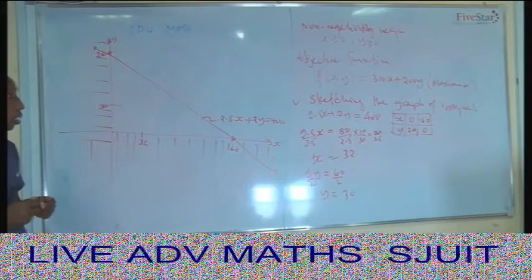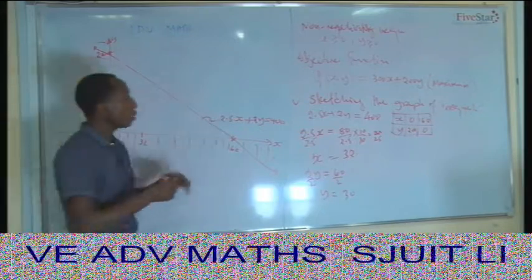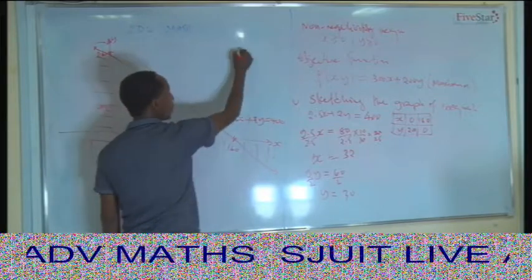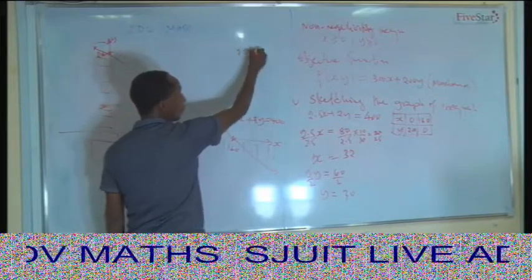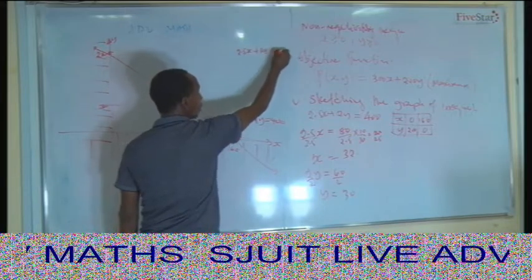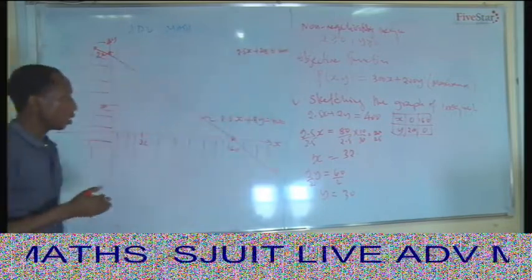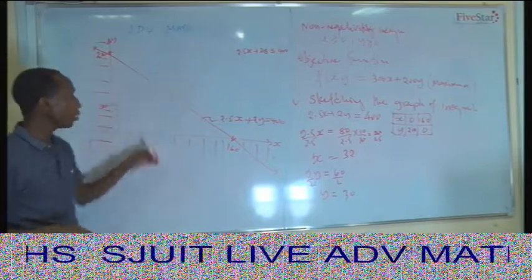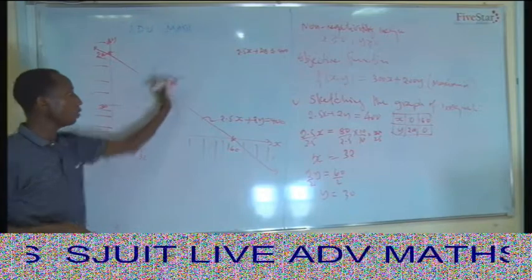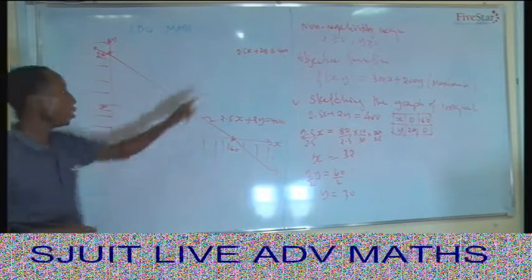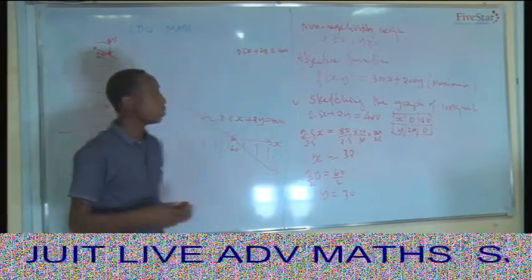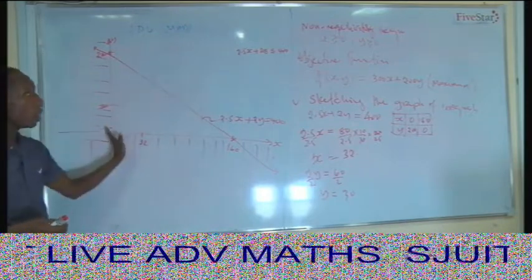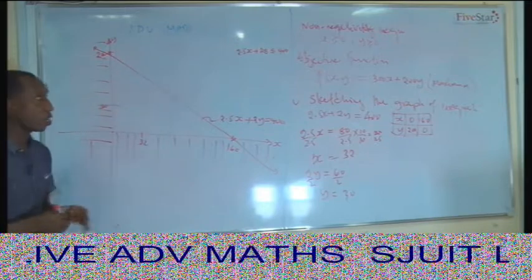But of course, this comes from the inequality. Our original inequality that resulted in this equation was 2.5x plus 2y less or equal to 400. So we need to check, because this line now divides the xy plane into two halves, the lower half and the upper half. We need to check which half satisfies this inequality. This is easy. We can just choose a point on the lower half and another point on the upper half.